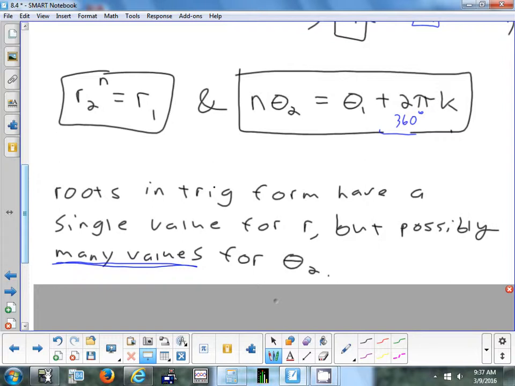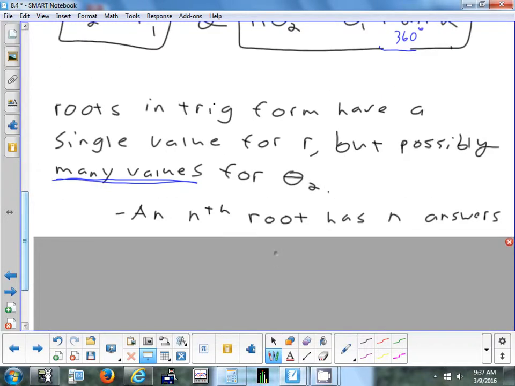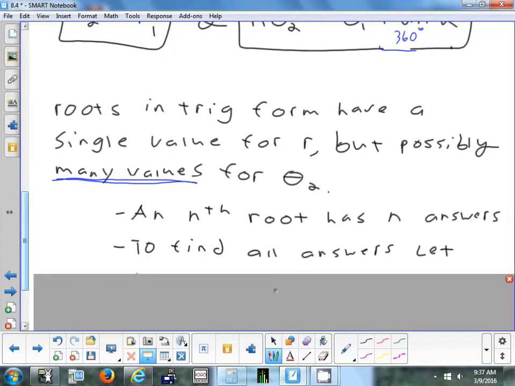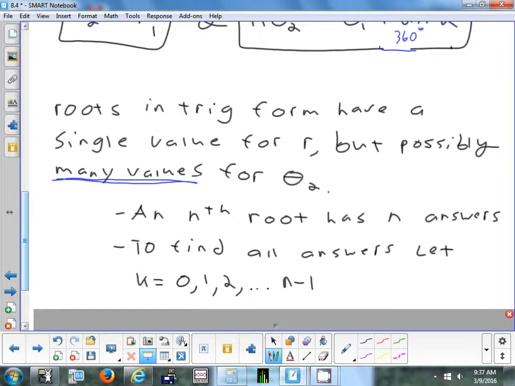If you take a 5th root, you get 5. 6th root, you get 6. 4th root, you get 4. So an nth root has n answers. Okay, that's what I just said. And the way you find all the answers is you're going to let k equal different integers.